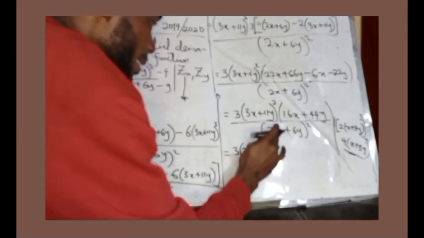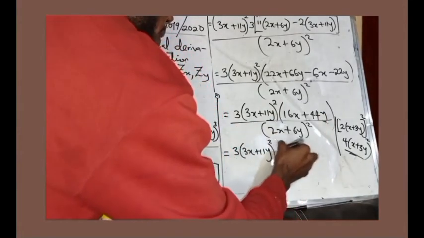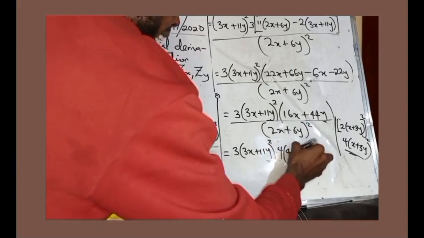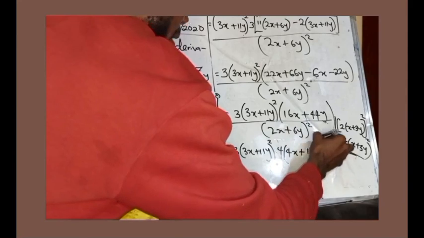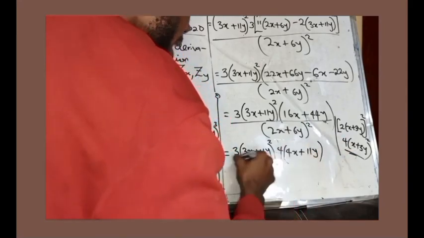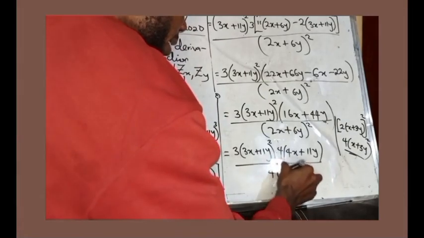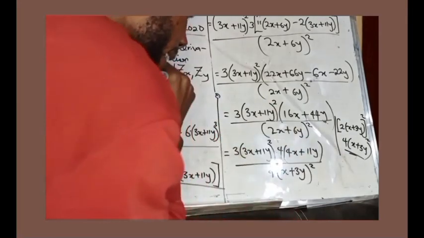Now I want to factorize something here. What's common here? 4 is also common. When we bring out 4, this becomes 4x plus 11y, divided by 4 open bracket x plus 3y then all square.